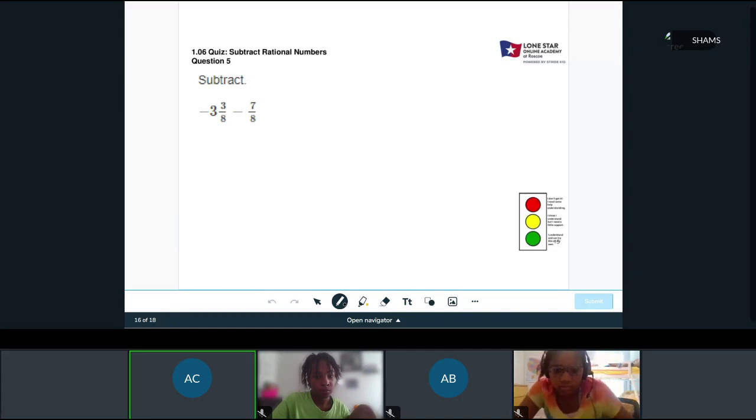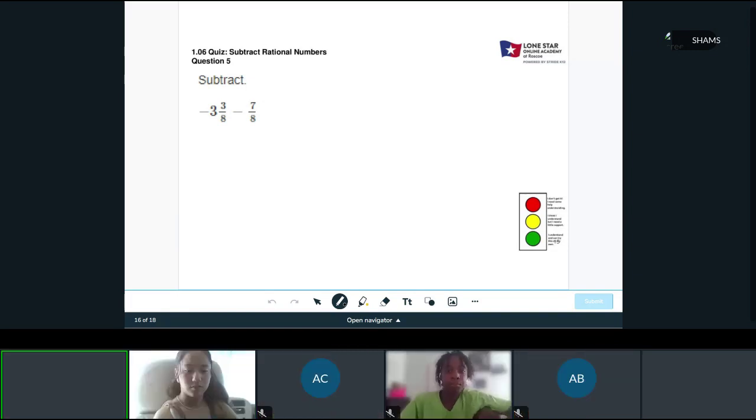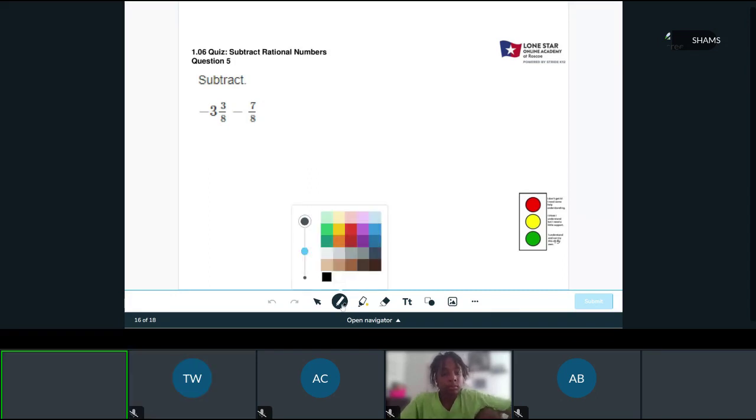Very good. I will actually be adding the two fractions and keep the negative sign because it's a negative number, and when you subtract further, you're going more towards the negative, right? I will combine the two, but I will remember to keep a negative sign.